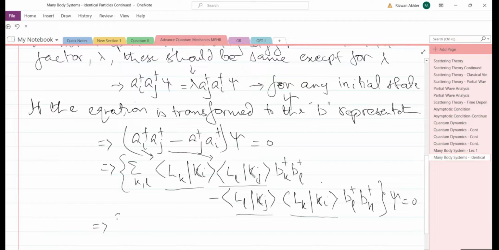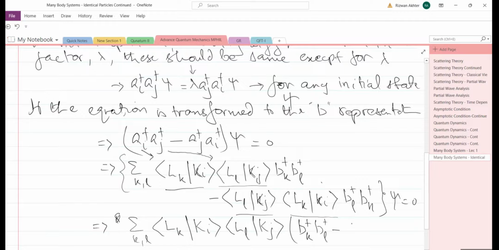What we are left with is the summation over k comma l, and then we have l_k small and capital K i, l_l and capital K j, and what remains is b_k dagger, b_l dagger minus, and obviously we would have a factor of lambda here because we have a change of basis, lambda b_l dagger, b_k dagger, and then we have psi equals to 0. So this is basically the change of basis.